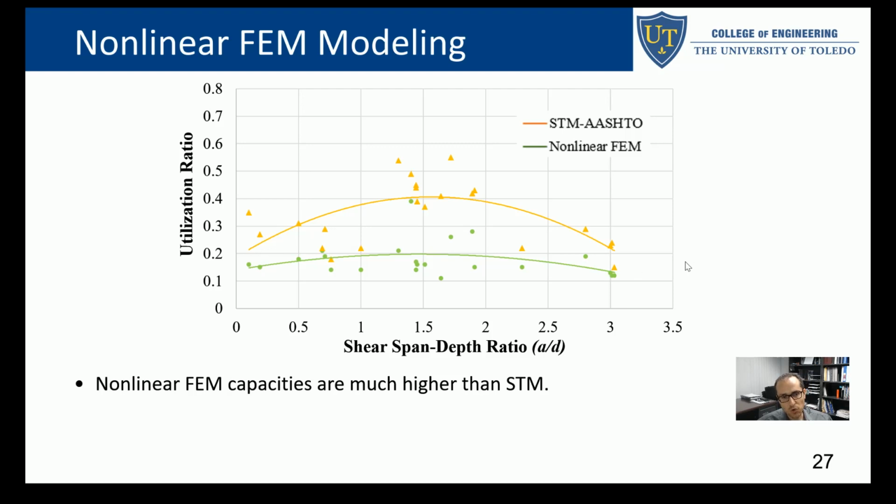Which is not shown here. So for those regions, you should get good or similar results. For those regions, you don't even need to use STM or nonlinear finite element. You should really use the sectional method, which is a couple of equations, super easy, and we use it on a daily basis. I'm sure you are very familiar with the sectional method, so you don't need these for anything over 3.